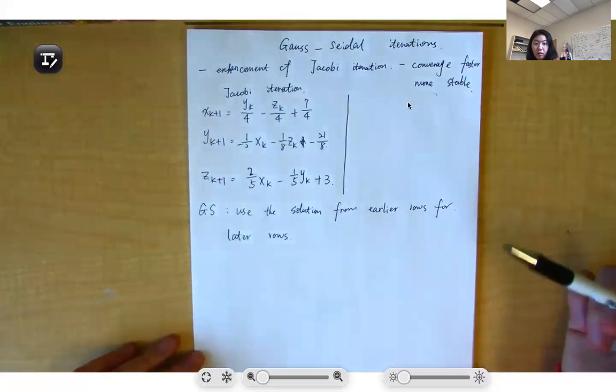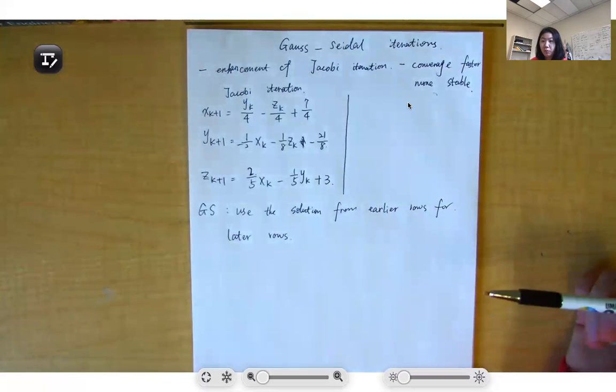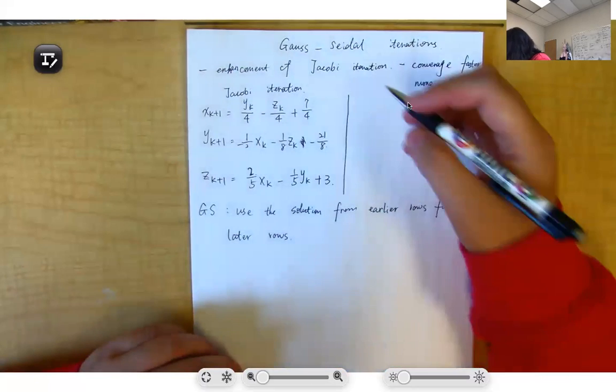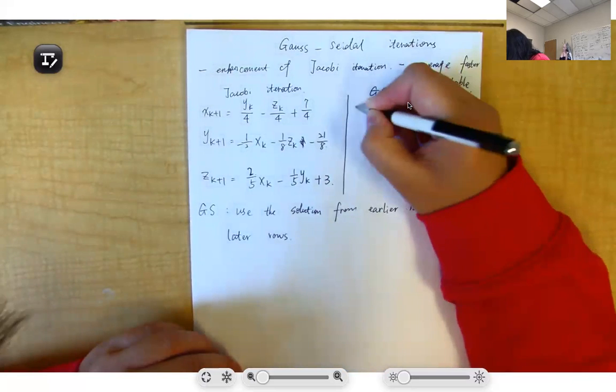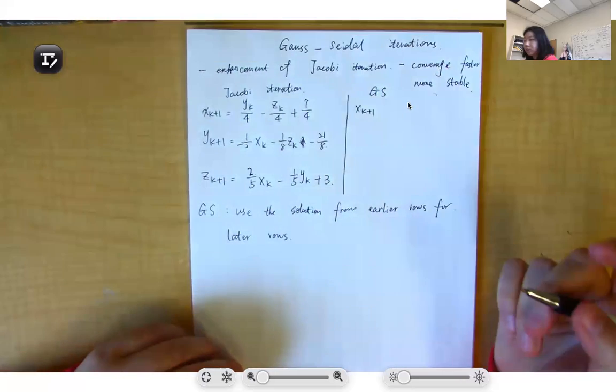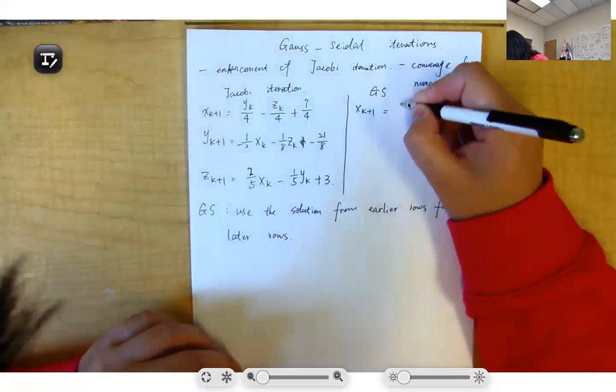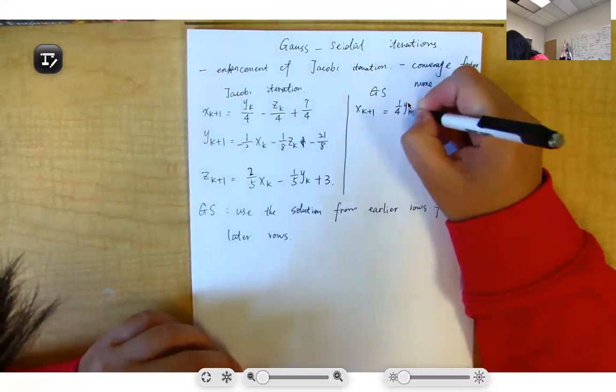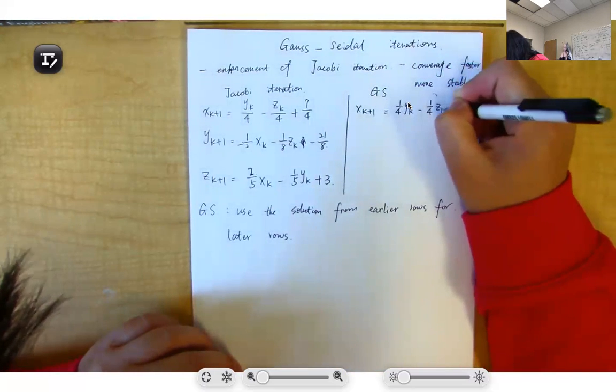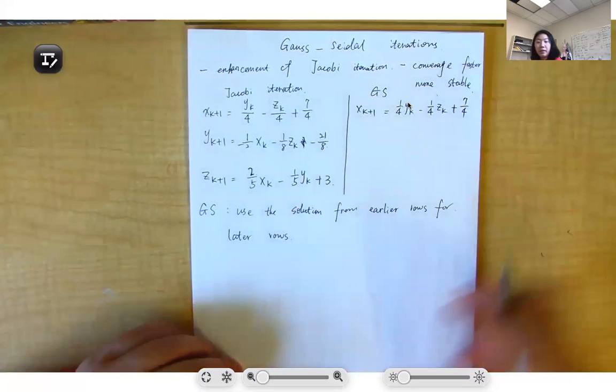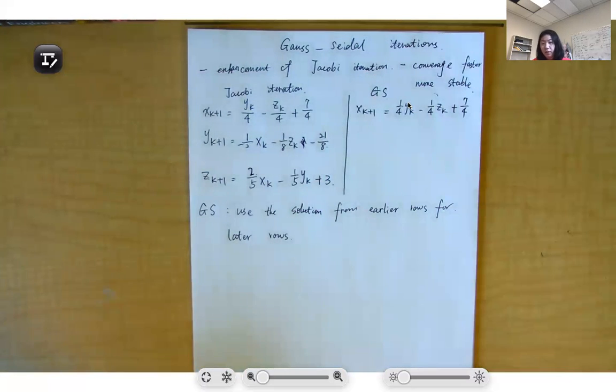Then how do we write the Gauss-Seidel iteration? For the Gauss-Seidel iteration, the x_{k+1} is unchanged: 1 over 4 y_k minus 1 over 4 z_k plus 7 over 4, because there is no previous row solved.